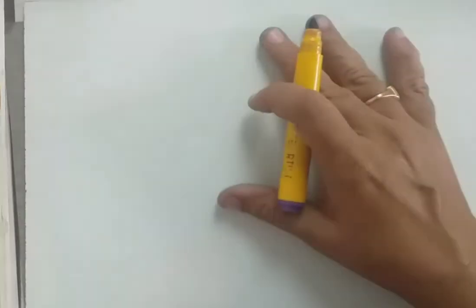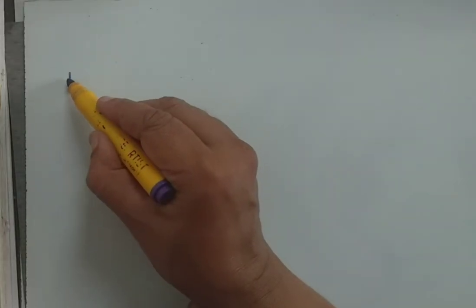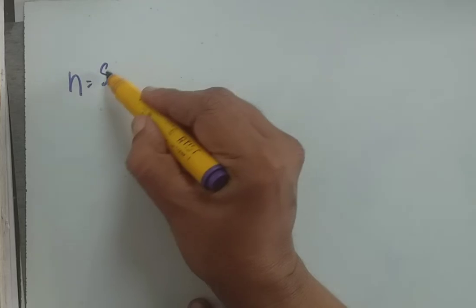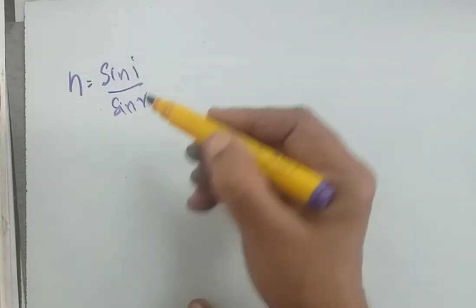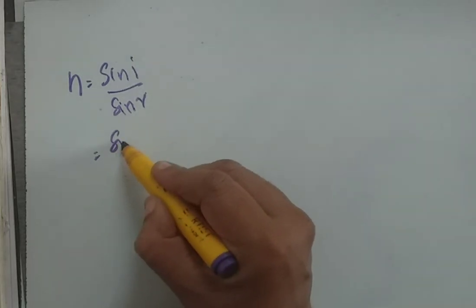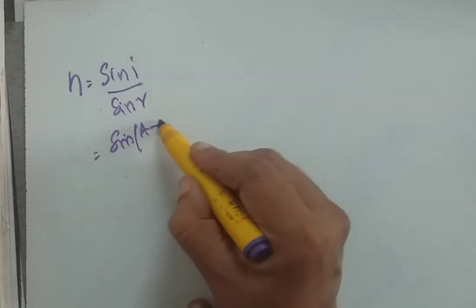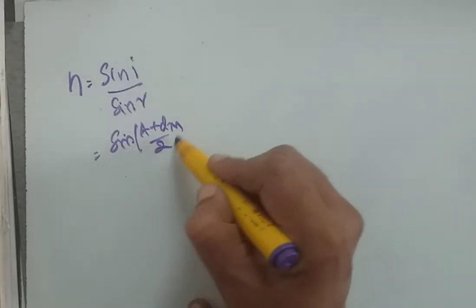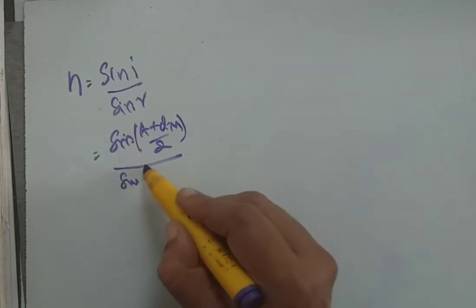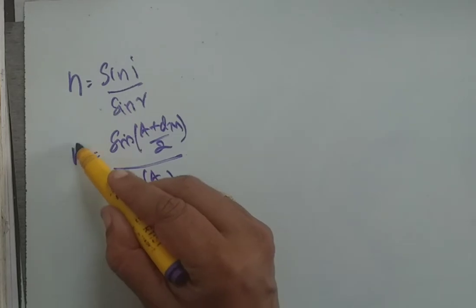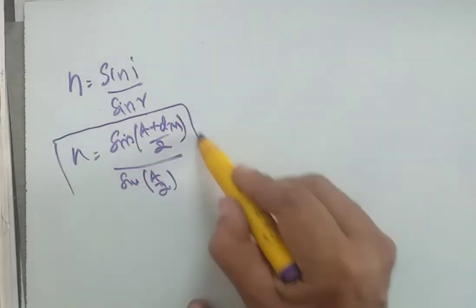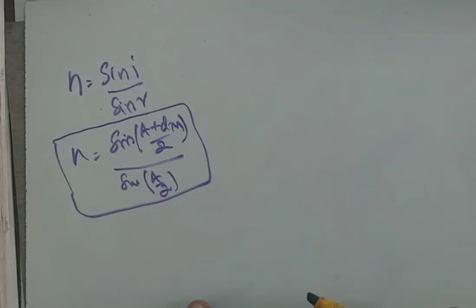We know refractive index according to Snell's law is sin I by sin R. But for I substitute now A plus dm by 2. For R, I substitute A by 2. This is the prism formula or minimum deviation formula for prism.